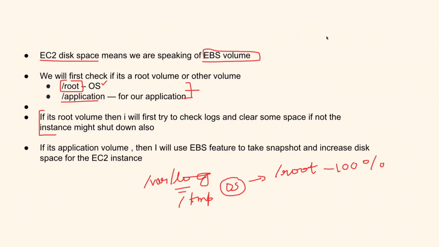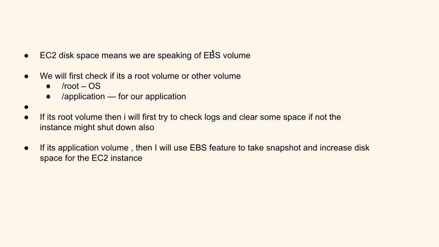If it is not the root volume, in this case, it can be our application volume. So if it is our application volume, then we are going to understand what this application volume is getting used for. That is, our application might be writing some logs in certain location, or there was a new deployment and it was not cleaned up. There might be a lot of jars that are pending.